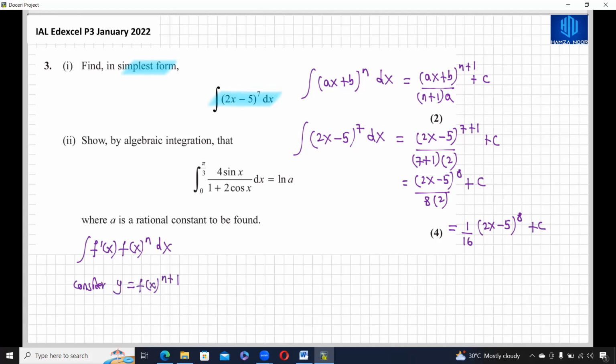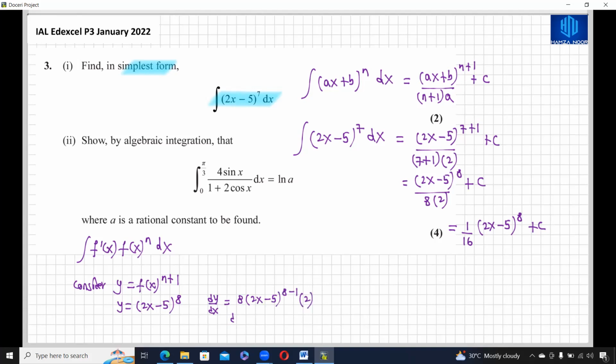First of all, you are going to find the dy over dx function. So n is basically 7, so y equals (2x − 5) to the power 8. Find dy over dx, which is 8 multiplied by (2x − 5) to the power 8 − 1, and then multiplied by 2.